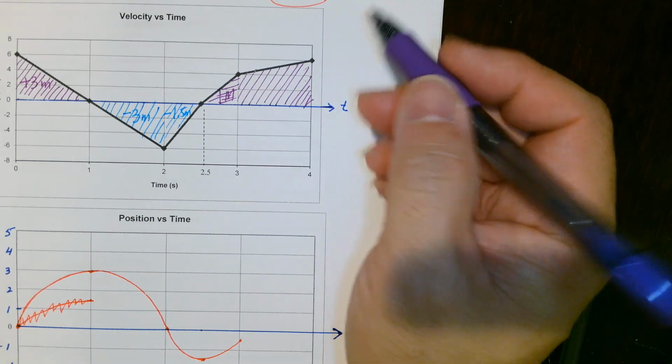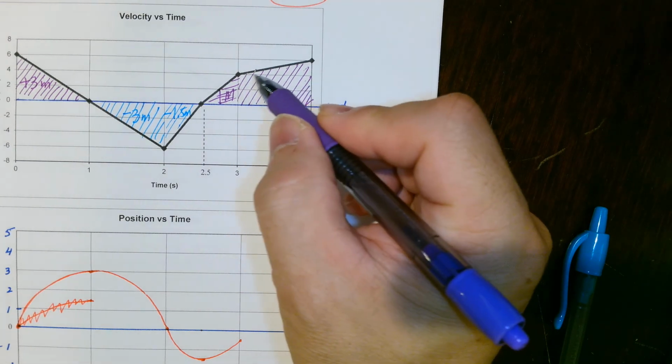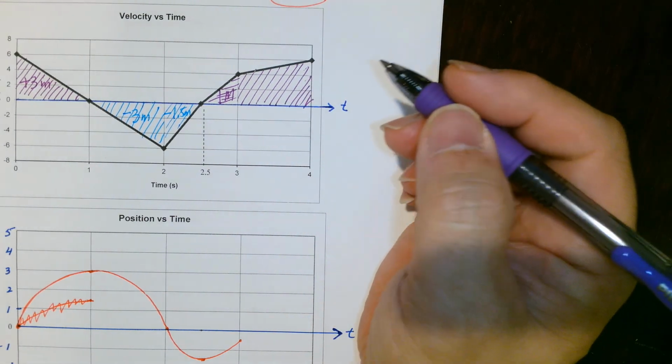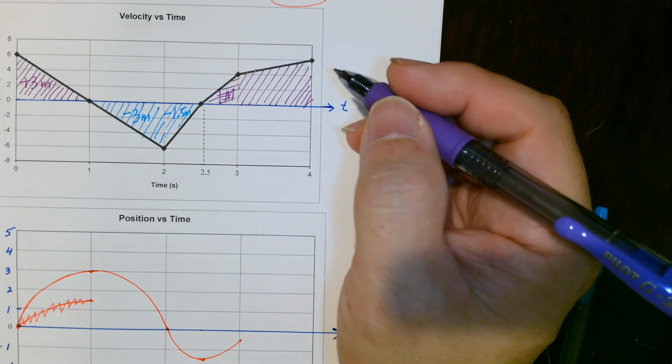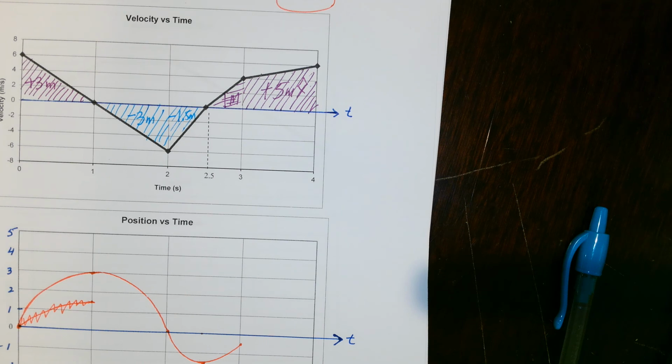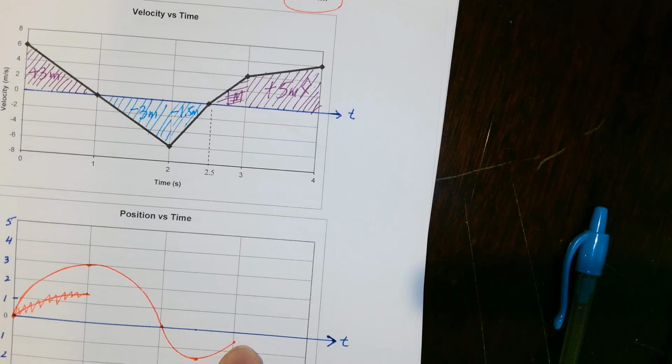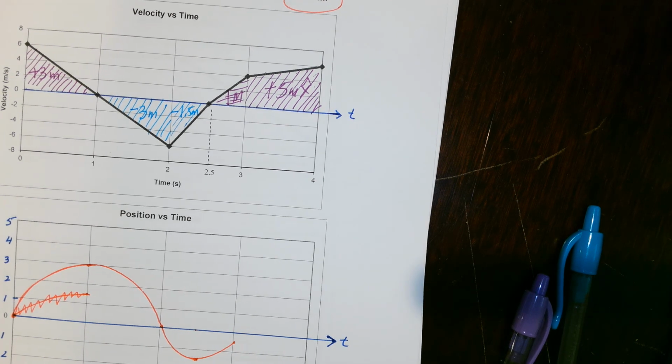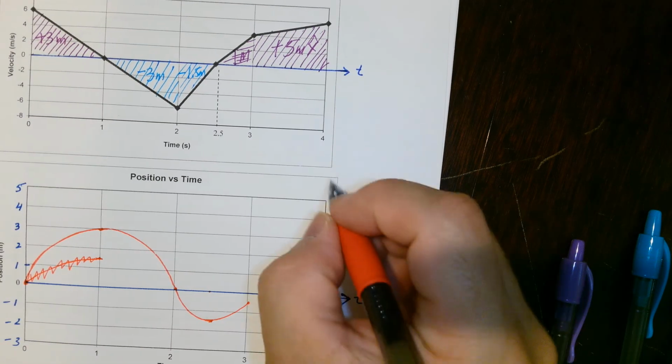Or no? Definitely not. It's speeding up gradually. How much did it go? 5 meters. Thank you. 5 meters x hat. So from negative half to positive 5, we should end up at where? Good. All right.